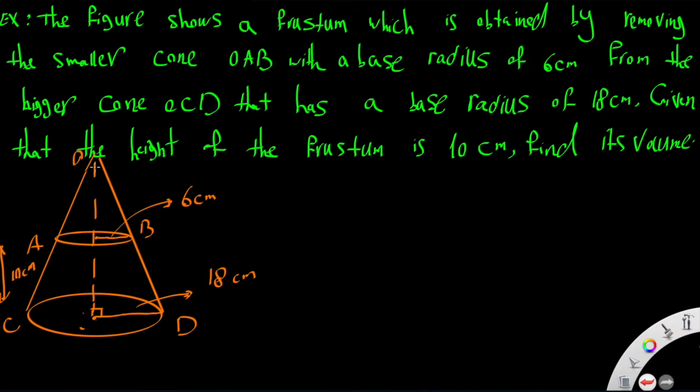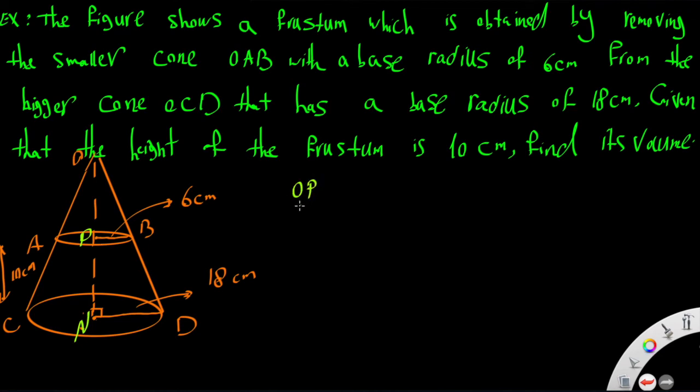Now, as you see here, I label this point, for example, N. O, N and D together make a right angle triangle. Now, label this point P, for example.